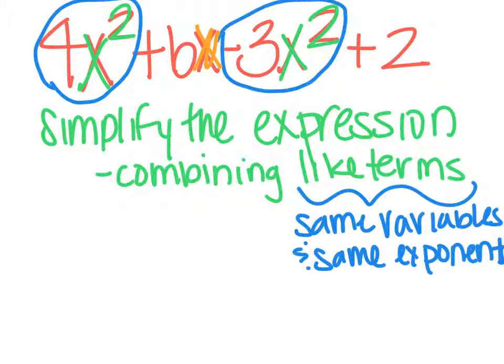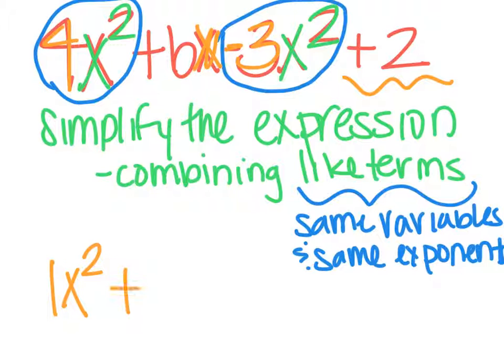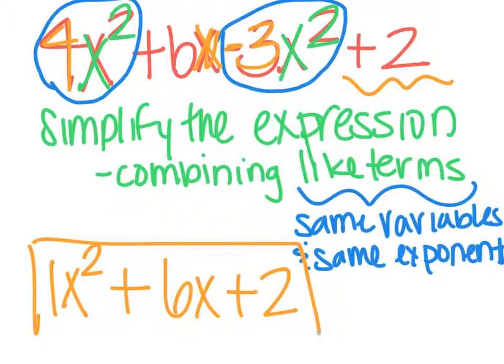And then our plus 2 out here is also going to be by itself because we can't combine anything with it. So we have, again, our 4 minus 3. Well, 4 minus 3 is 1, x squared, plus, I'm going to bring down my 6x, I can't combine anything else with it, and then my plus 2. And this would be my final answer.